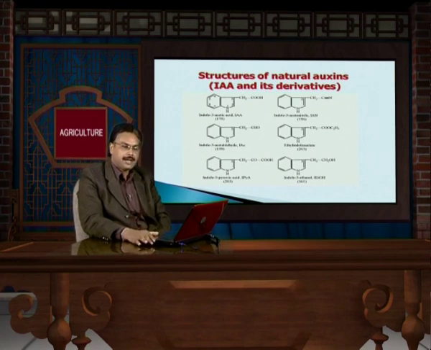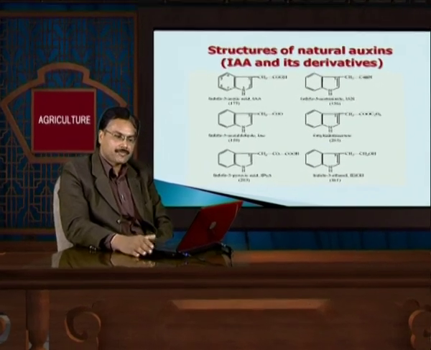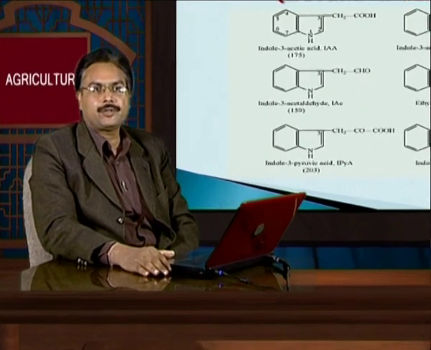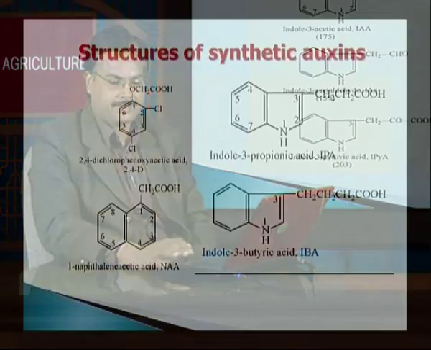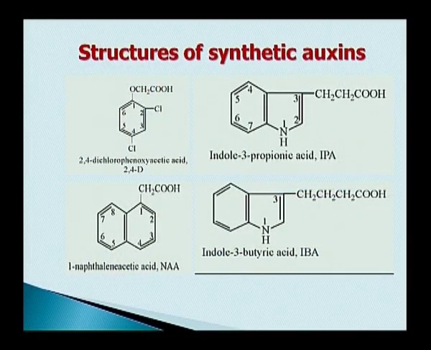Among these, IAA is the most abundant, and whenever we talk about auxins, basically we are talking about IAA, indole acetic acid. It is also possible to synthesize auxins artificially in factories. 2,4-D is a well known herbicide which is utilized to destroy broad leaved weeds. This is basically an auxin.